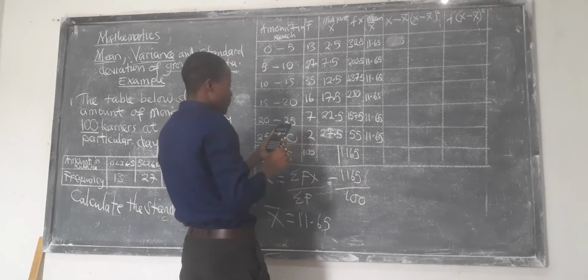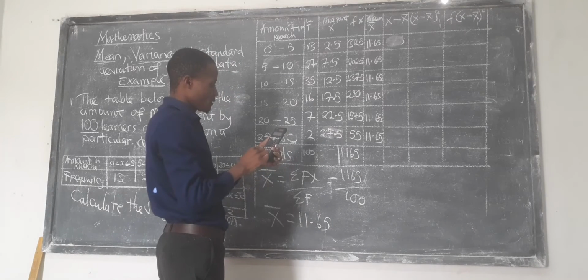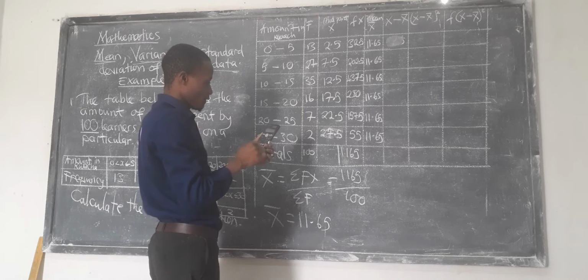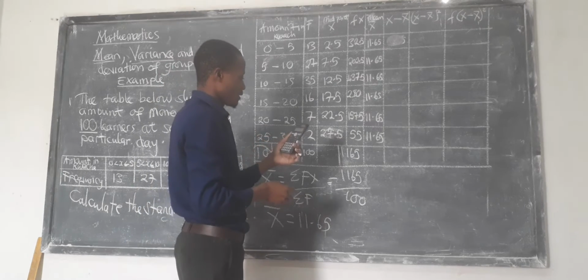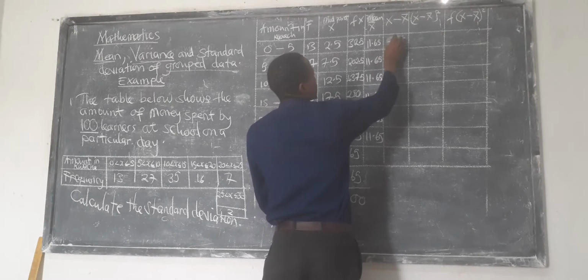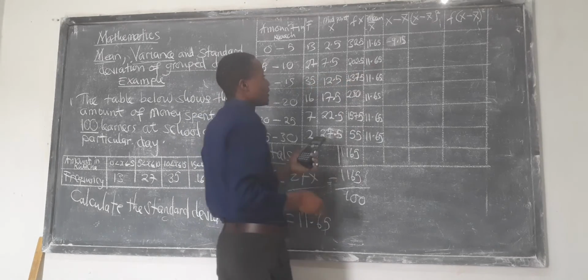So the midpoint 2.5 minus 11.65 gives negative 9.15. Next, we have 7.5 minus 11.65.